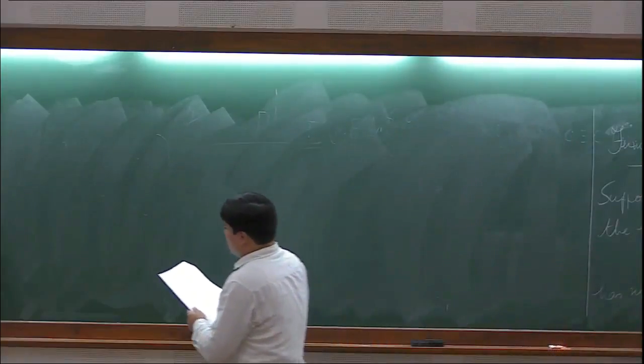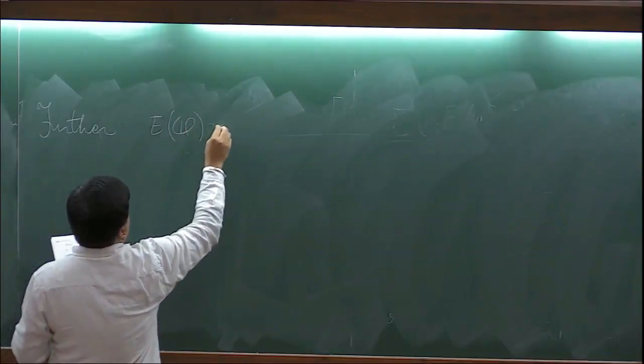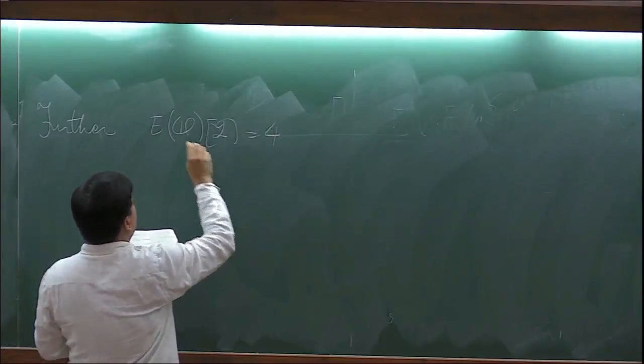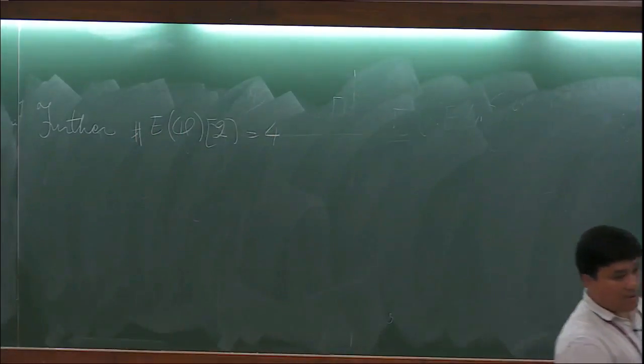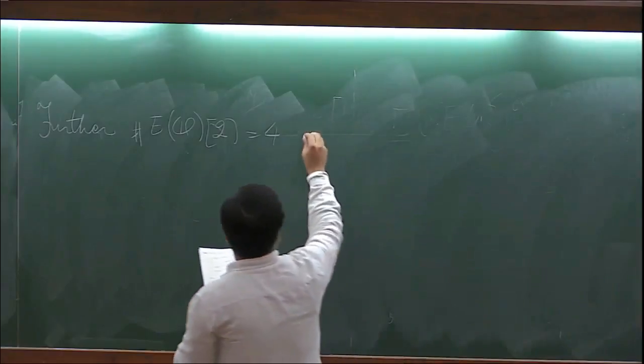All right, so now further, the rational two torsion points of E over Q is equal to 4, as I said before, right? So they will be given by x to the p, 0, y to the p, 0, and 0, 0, okay? And N is square free.